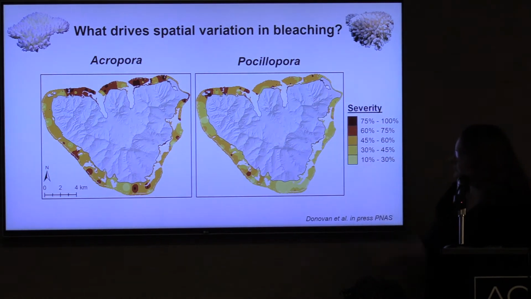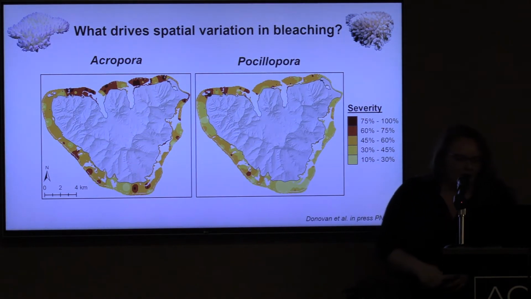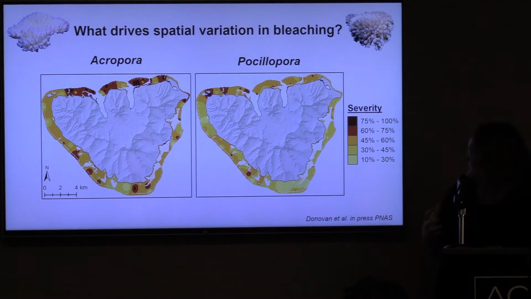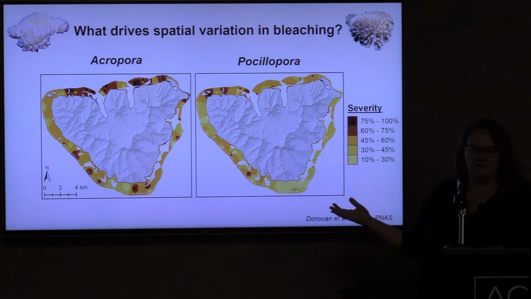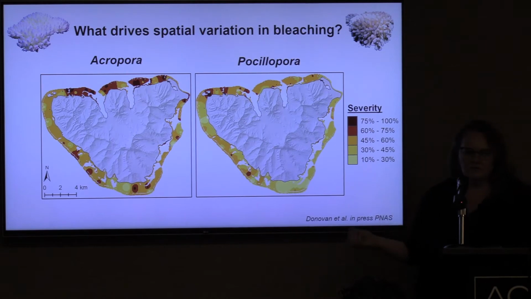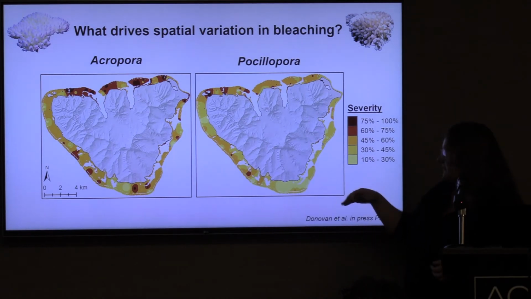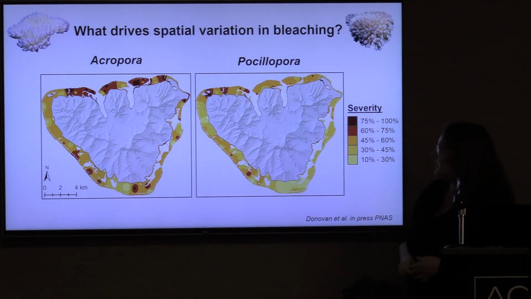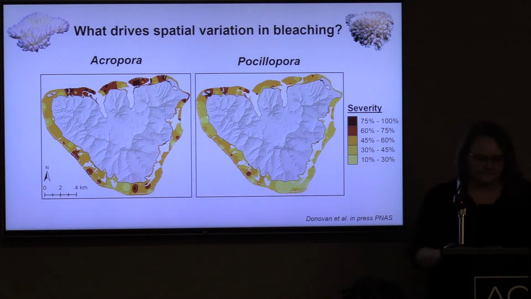The darker colors represent the greater severity in bleaching. And so you can see there's huge spatial variability. That was kind of the motivation for the question of this research, which is whether we could explain this spatial variability in bleaching, given spatial variability in temperature, but also in pollution, a human influence that's occurring at the scale of this island.